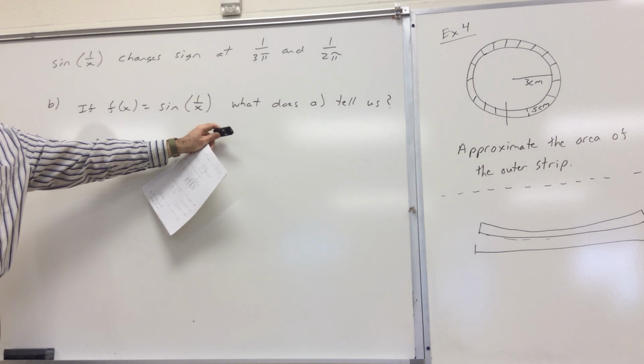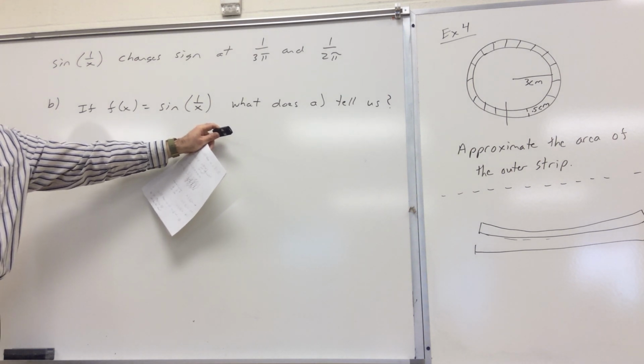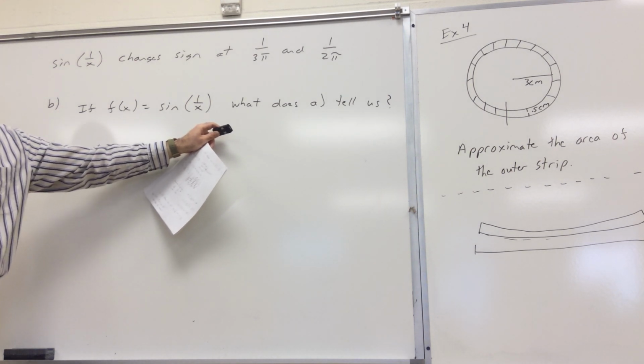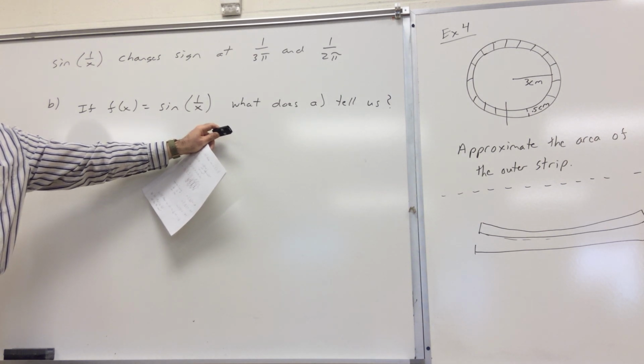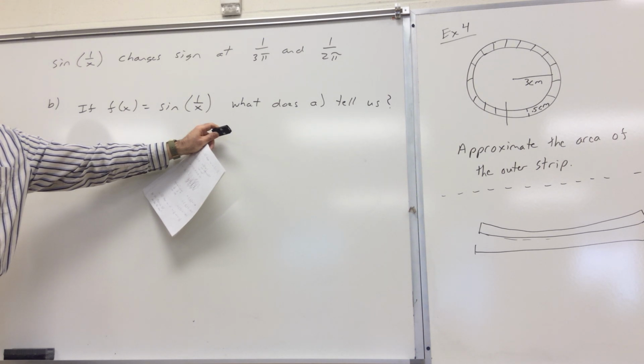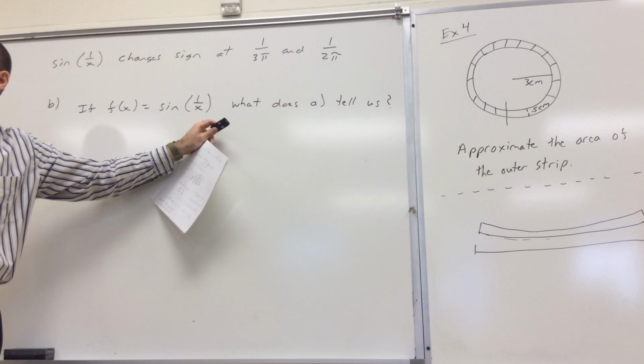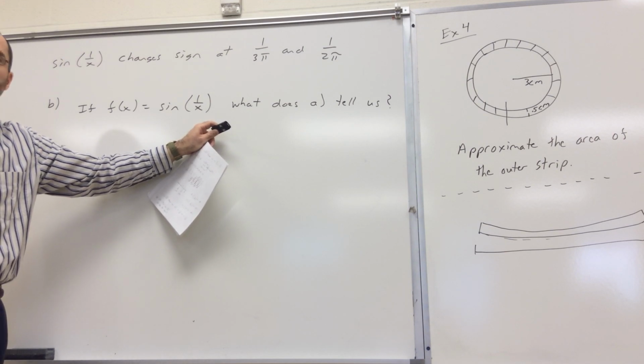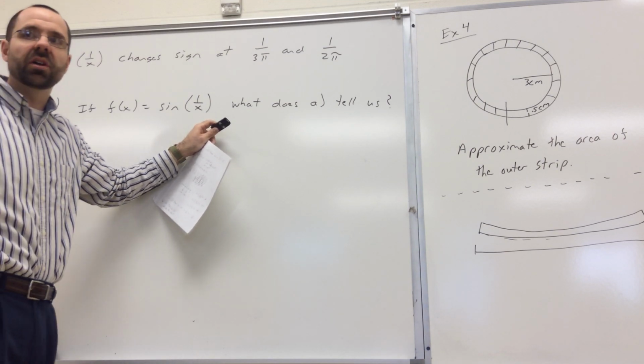So if the function f of x equaled the sine of 1 over x, what did all that work do for us? Yes, and so graphically, what would that mean? It tells us where it switches. That's good.